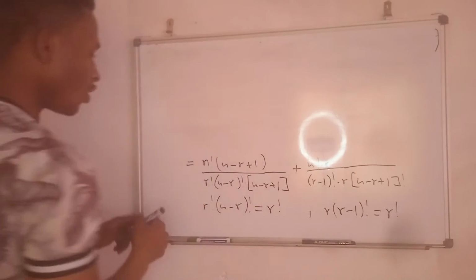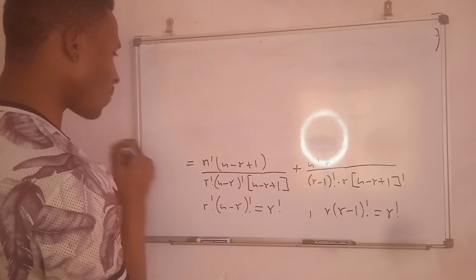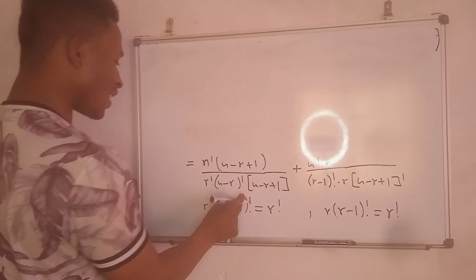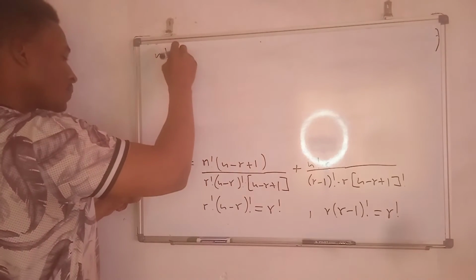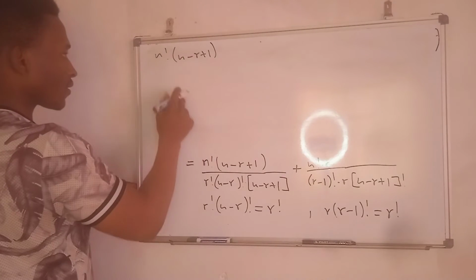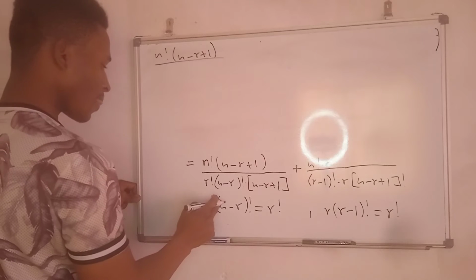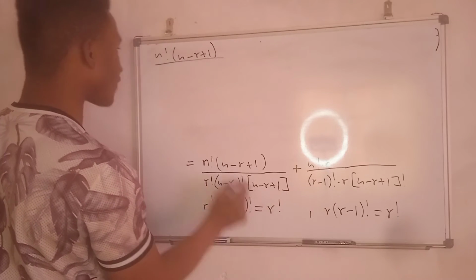So since we are on this step, this is what we're going to do. We can see that this is by substitution. We can substitute. This would be n minus r plus 1 all over this part. I said we can just write it as r factorial.